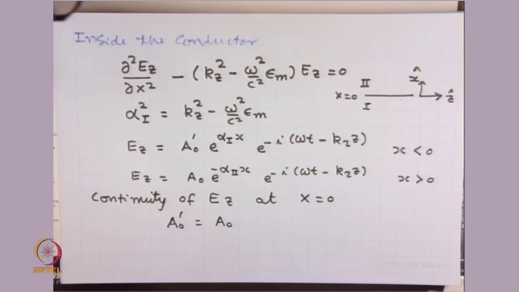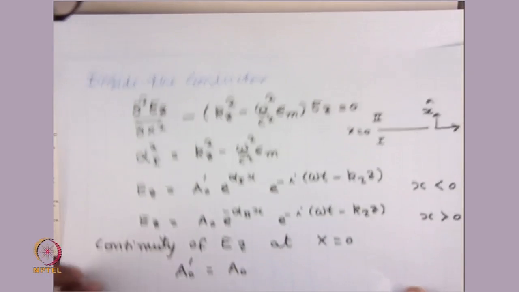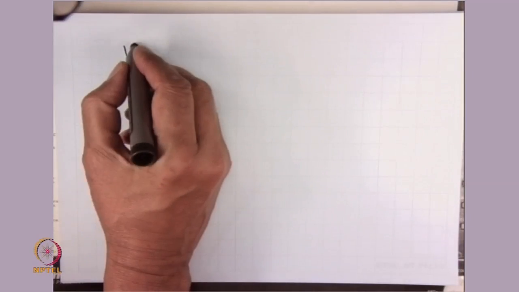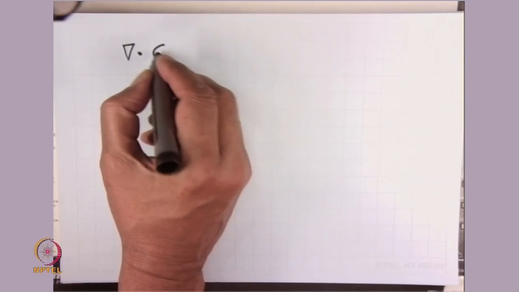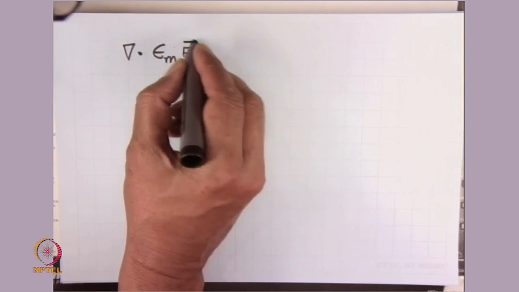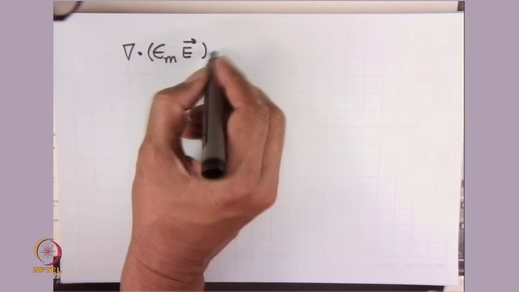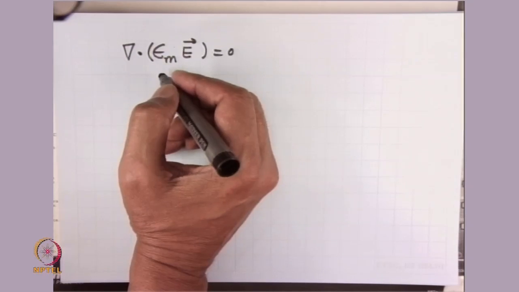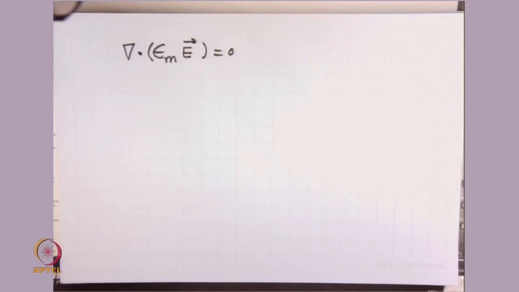However, to obtain Ex, either we solve the equation for Ex, or an easier way is to go to the first Maxwell equation, which says that divergence of epsilon m into E is 0, where epsilon m is the effective material permittivity.